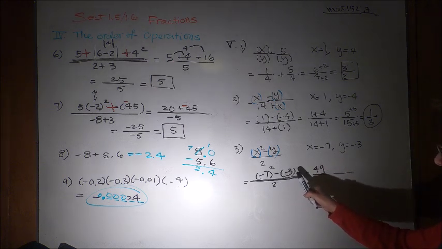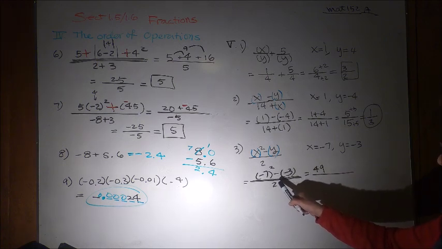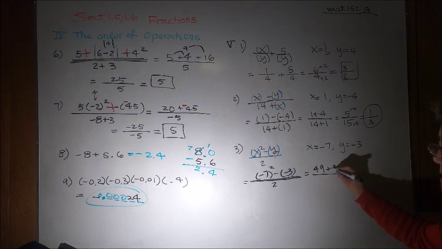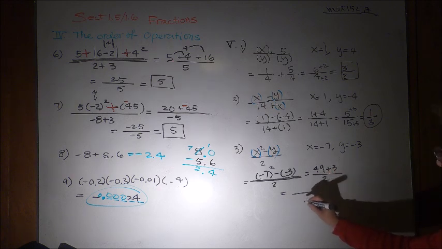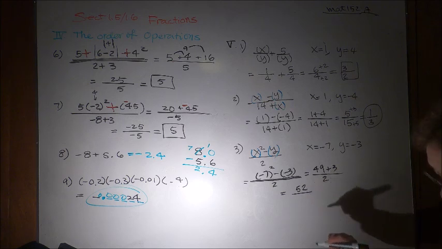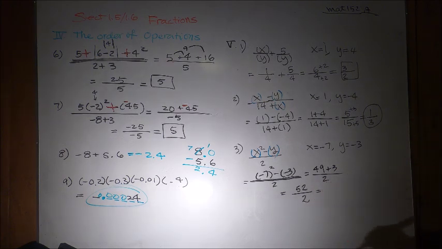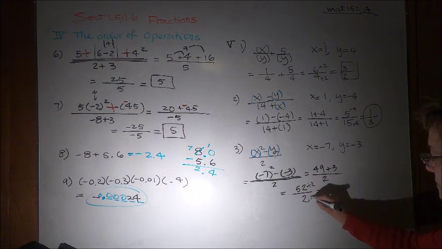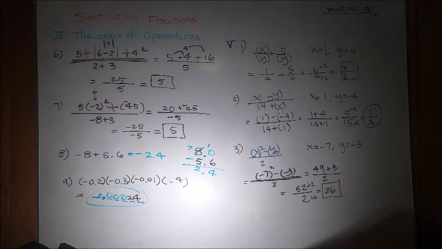Then minus -3, minus a negative. So it means what? Change. You add a 3, right? Over 2. And so that would be 49 plus 3 is 52, right? Over 2. Then you simplify by dividing by 2. The answer should be 26.